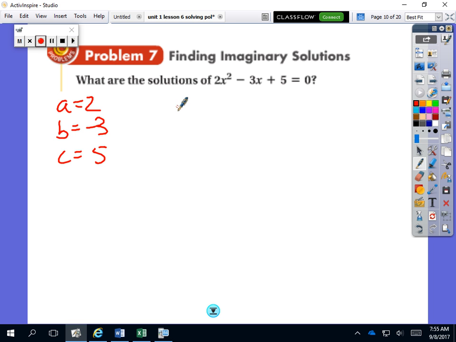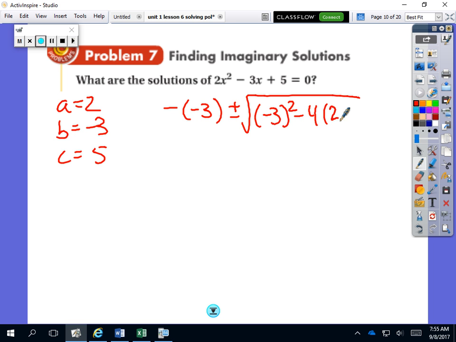So I'm going to put negative 3, because B is negative 3, plus or minus square root of negative 3 squared minus 4 times 2 times 5 over 2 times 2. So that's your x.